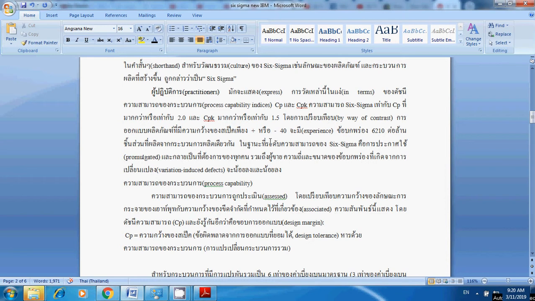As the capability level of Six Sigma is promulgated and becomes required for everybody, including our sellers, the frequency and size of the defects that result from variation will keep decreasing.